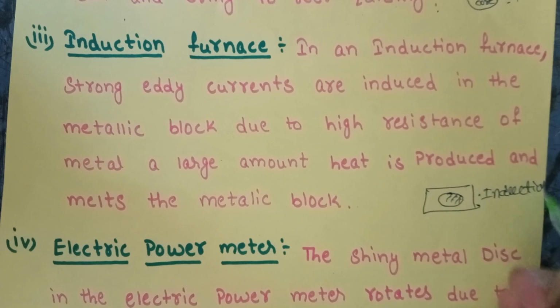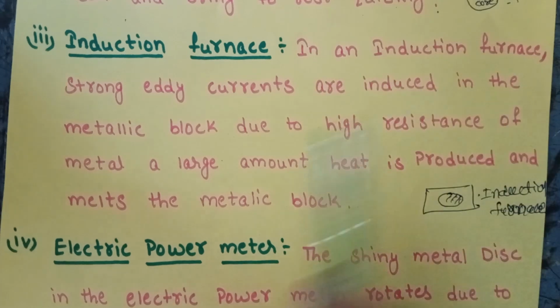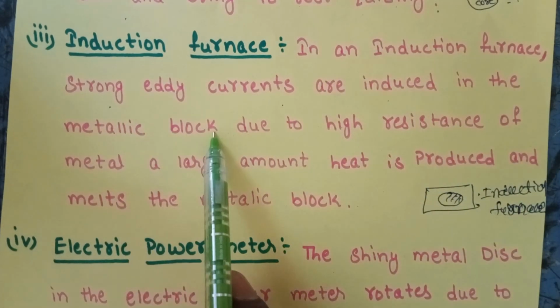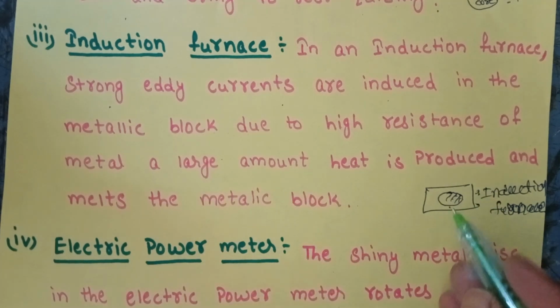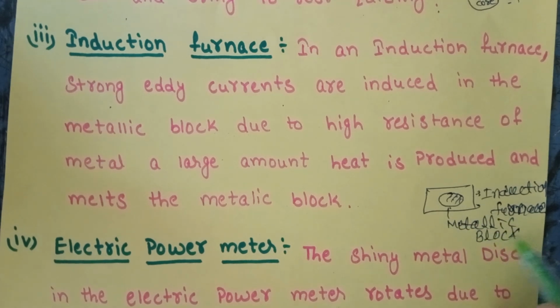This is an induction furnace. With which purpose are we using it, sir? To melt the metal. In an induction furnace, strong eddy currents are induced in the metallic block. Now this is the metallic block. In the metallic block the metal is placed.